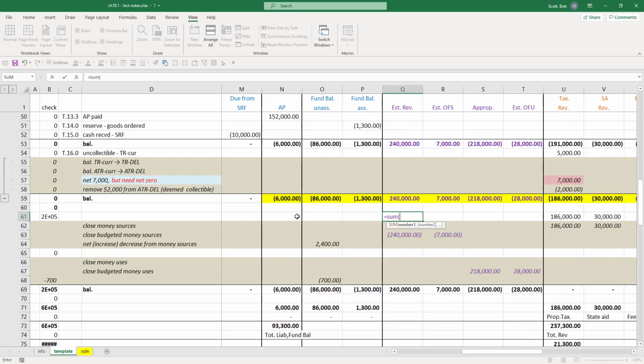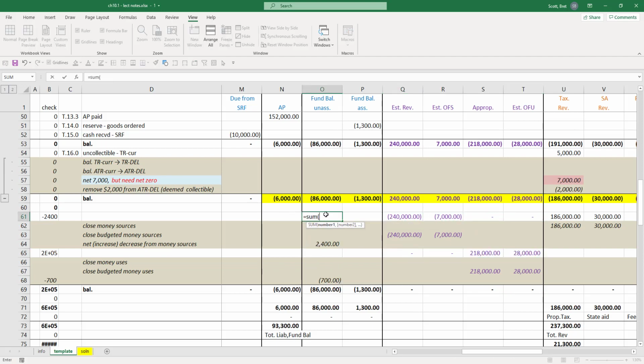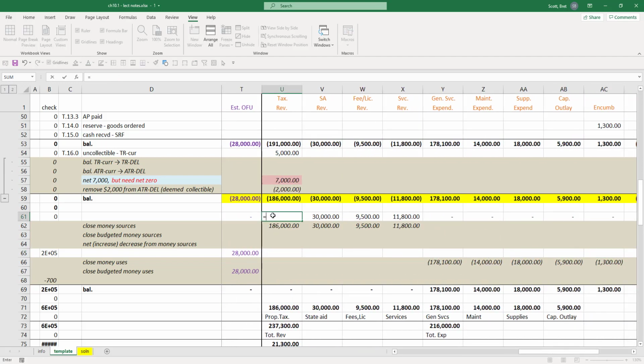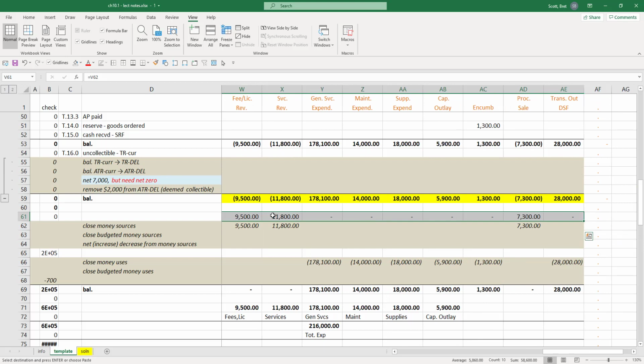Equals. And equals. Bear with me as I go through this really quickly. Sometimes my notes end up turning into the actual journal entry itself.